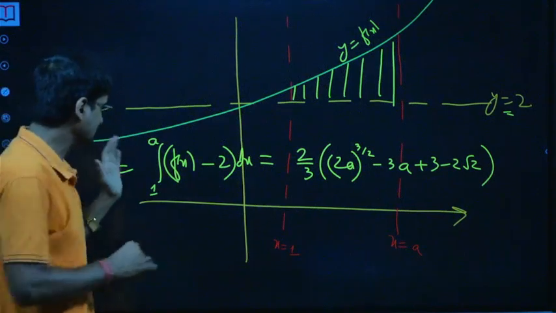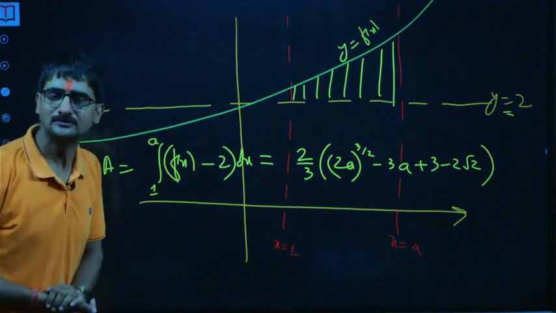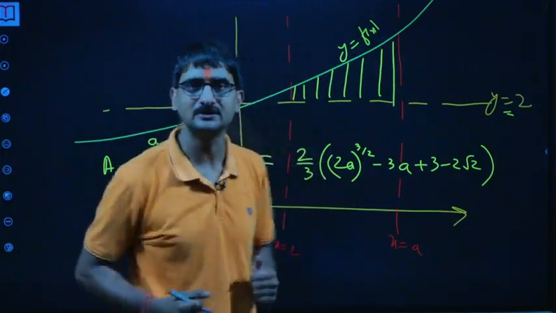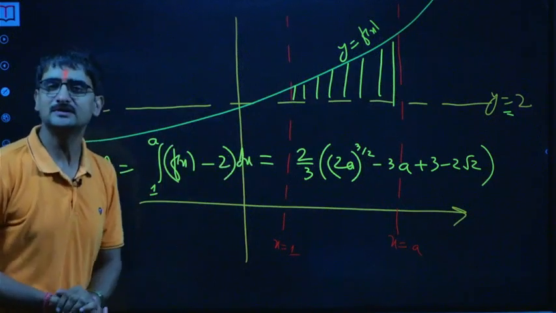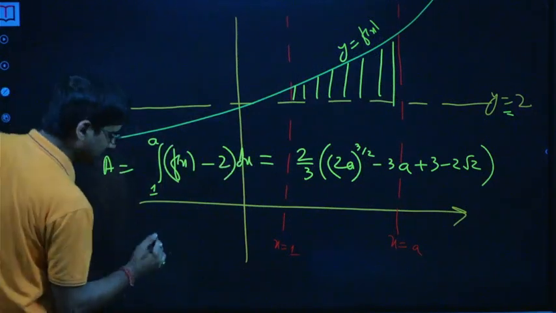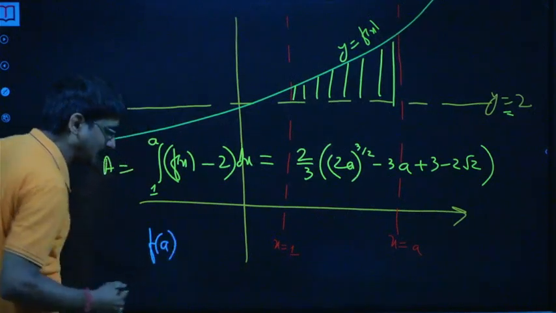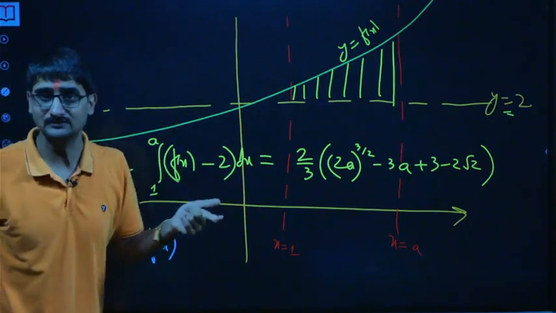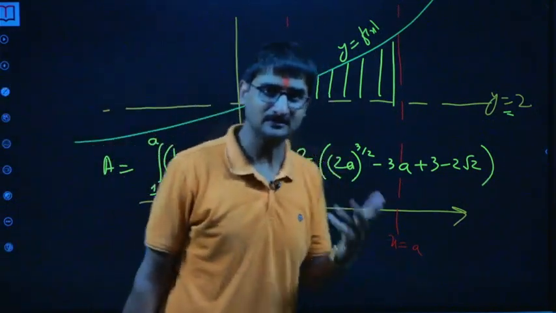How? See, on both sides you have a function of a. So use Leibniz rule of differentiation for definite integral. We all know it, isn't that? So differentiating both sides with respect to a. What does that give us? Instead of x, we replace it with the upper limit, which is the variable a, with respect to what we are differentiating here.